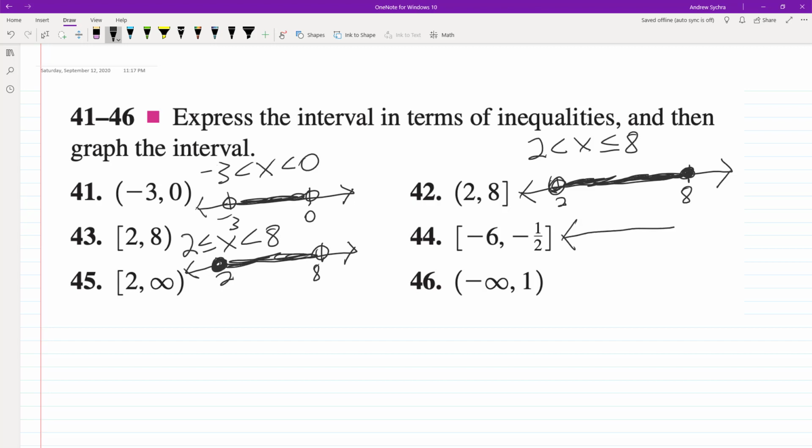Doesn't get so bad once you get used to it. Oh, shoot. I jumped ahead of myself.